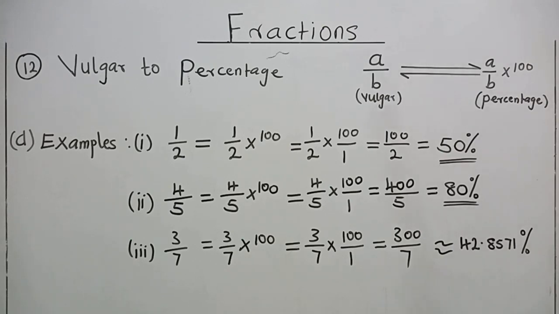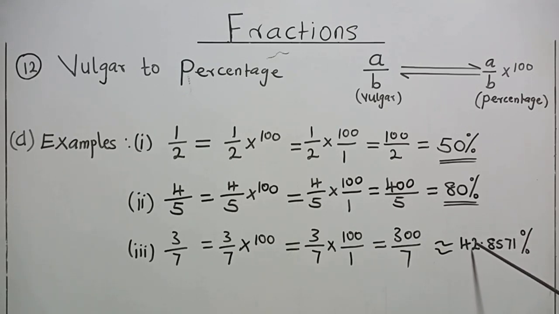The last one, but not the least, is number 3, 3 over 7, to be converted to a percentage. As usual, we multiply the same 3 over 7 by 100. That is what is happening here. And this becomes 100 over 1, then times 3 over 7. 3 times 100 is equal to 300. 7 times 1 is equal to 7. When 7 divides 300, we get approximately 42.8571%. This is to 4 decimal places. We still have more digits after that, but we get tired after this round of picking.